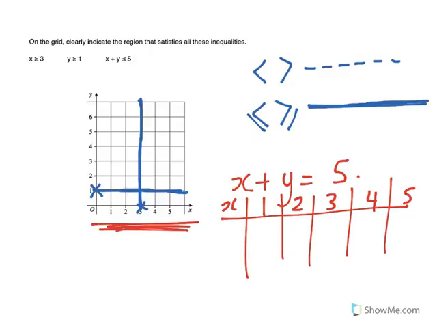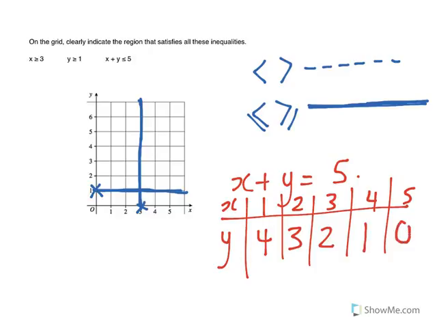So if x plus y has got to be 5, when x is 1 I have to plus 4 to get me to 5, and when x is 2 I need to plus 3. When x is 3 I need to plus 2. When x is 4 I have to add 1, and when x is 5 I add nothing.